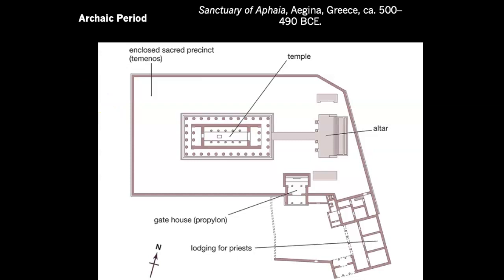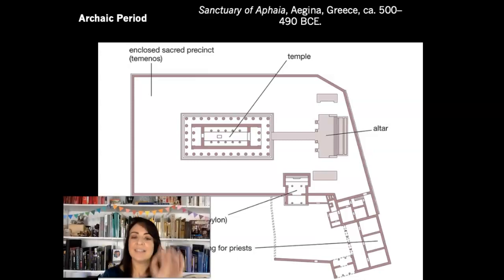Like what we saw in Egypt and like what we saw in ancient Mesopotamia, you are not allowed inside. This is a temple to the god. You don't get to go inside. It is seen as a sacred space for those highly trained professionals.